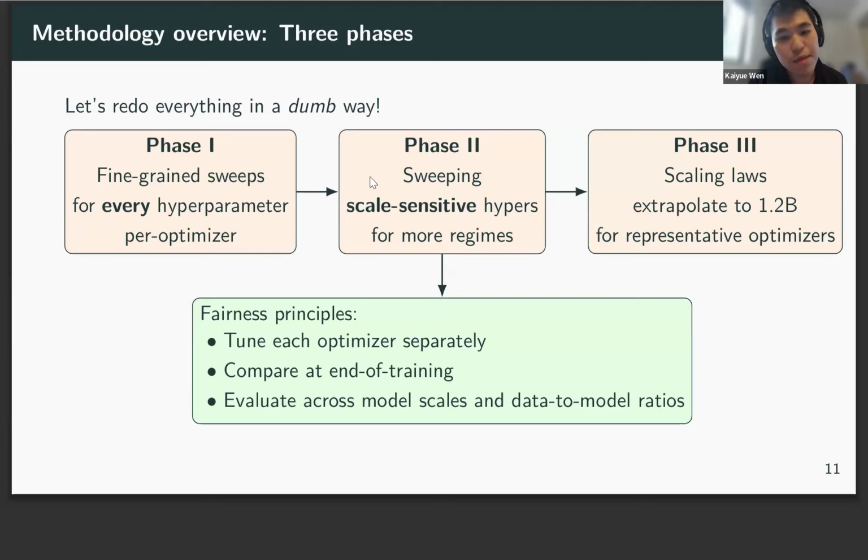Then we sweep them extensively over more regions to get a thorough picture for the comparison of optimizers across this region.